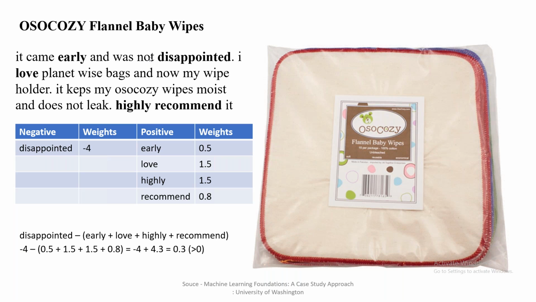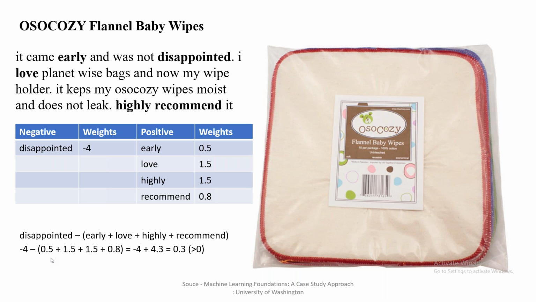If I assume these weights and calculate based on this formula, disappointed minus early plus love and highly recommend, because they are in the positive direction and disappointed is in the negative direction. If you take the arithmetic sum of all these, you get 0.3, which is greater than 0.